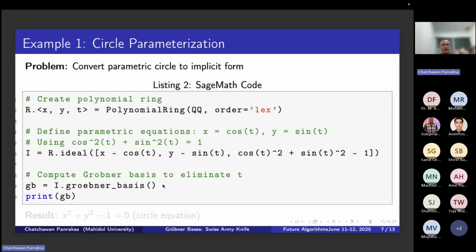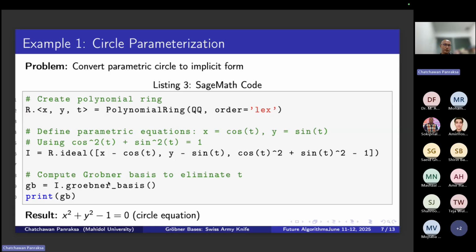And then you can just use a command in SageMath here, groebner_basis, to compute the Gröbner basis of the ideal that you define here. When you look at the Gröbner basis from this lexicographic order, it's going to show you many polynomials. The first one or the last one depends on the math software that you use.